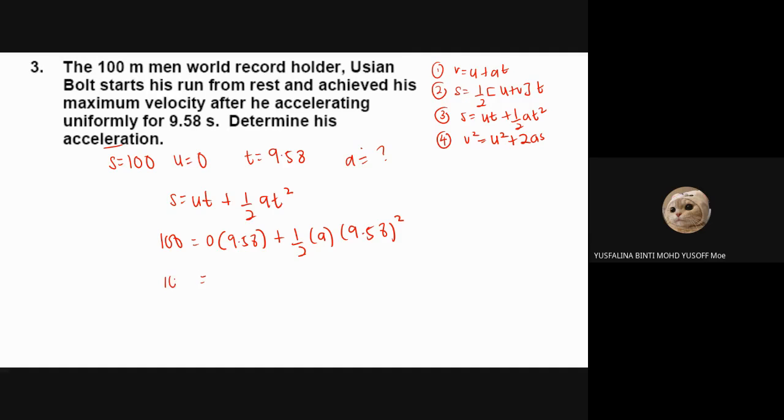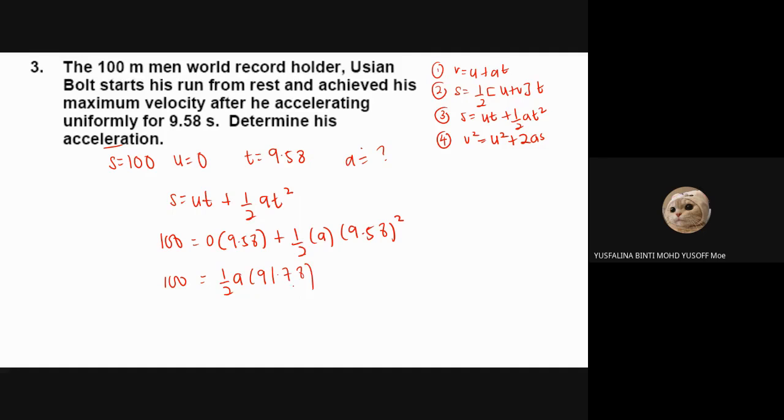So this one is 0, right? So half A times 9.58 squared. I just divide by 1 over 2, multiply by 9.58 squared. So you got 45, right? 9.58 squared is 91.78.